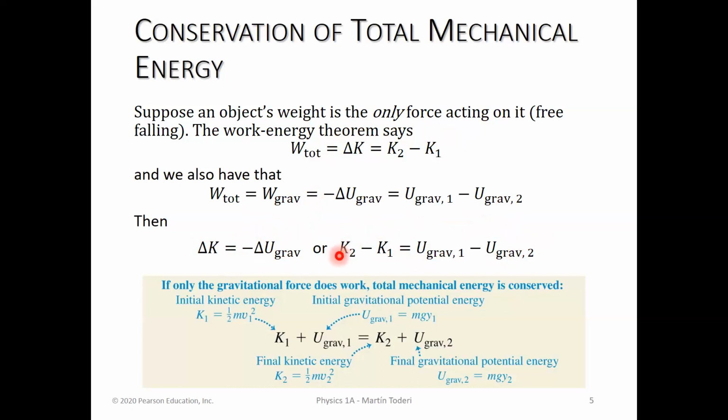And if we rewrite this, we just group 1 with 1 and 2 with 2, meaning that we sum K1 on both sides, so we get rid of this one, and summing the gravitational potential energy 2 on each side, we get rid of this one, so we can rewrite the whole expression as this.